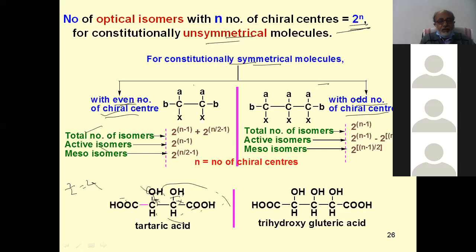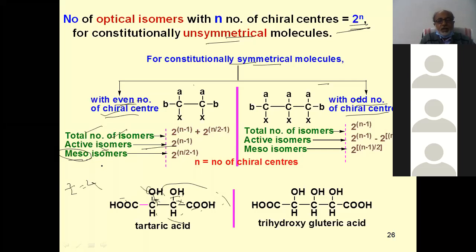Out of these, not all are active isomers, because inactivity can come from some symmetry in the molecule structure. So the active isomers will be 2 to the power n minus 1, and another category will come, called meso isomers.